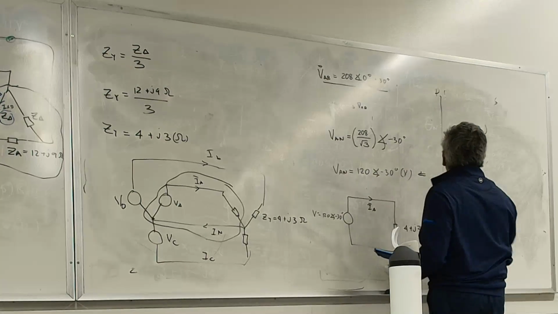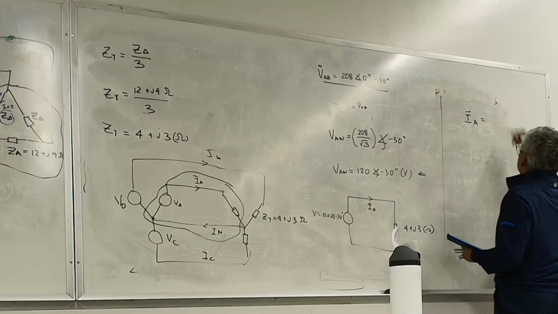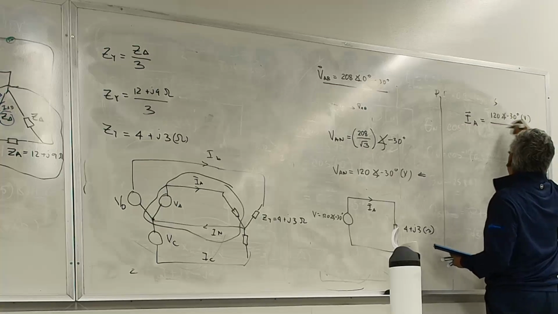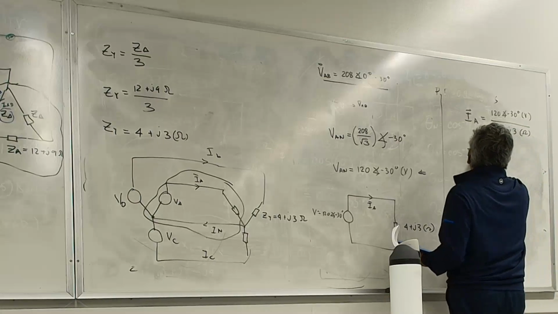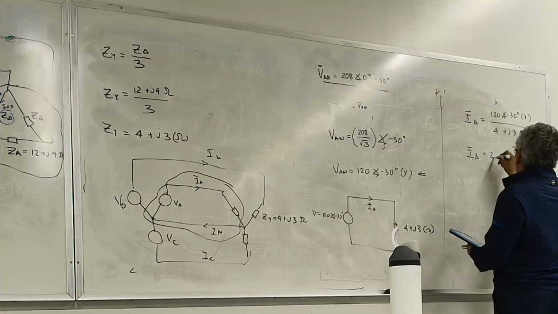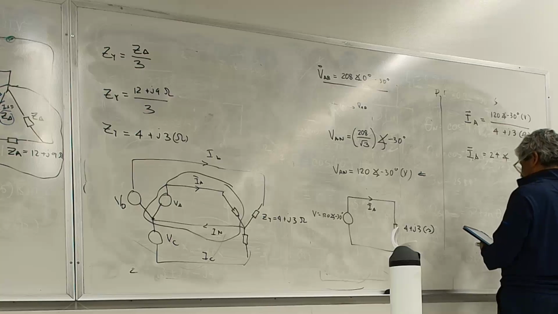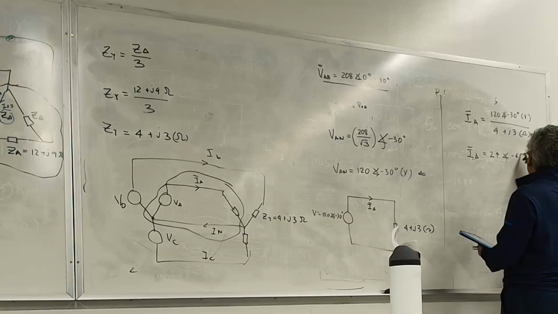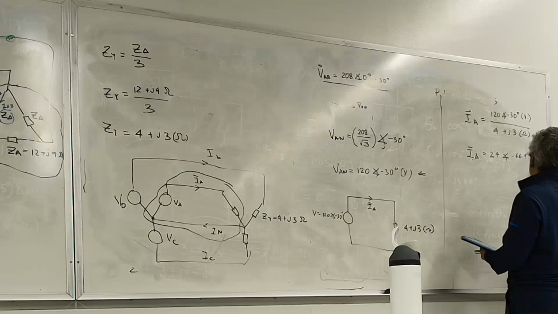So the IA phasor, or line current, is 120 angle minus 30 degrees volts divided by 4 plus J3 ohms. IA is equal to 24 point something; on your calculator, round it to 24 amps at minus 66.9 degrees.